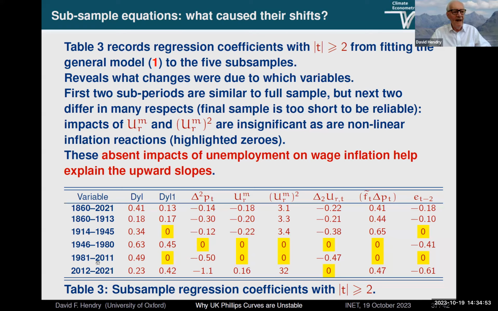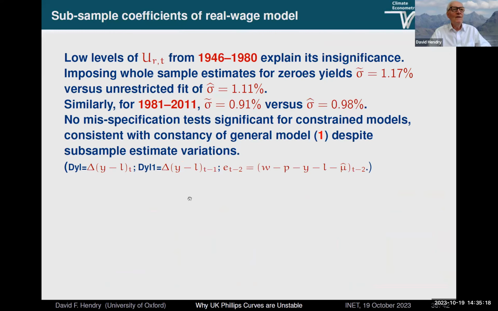And similarly, in 81 to 2011, most of them are still insignificant. So it's the lack of variability. You need all of these varying in order to have a constant Phillips curve, which is ridiculous, but that's what is going on. And it was almost predictable from the fact that the unemployment rate was orthogonal to all the others. So the low levels of unemployment from 46 to 80 explain its insignificance.